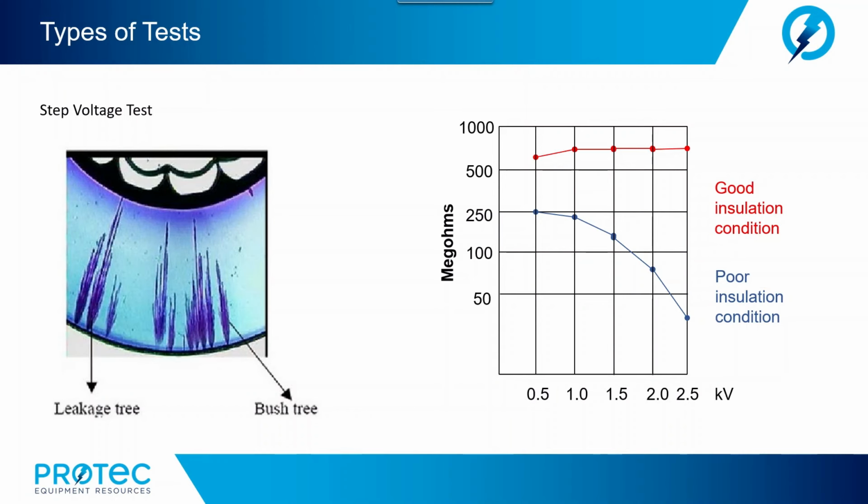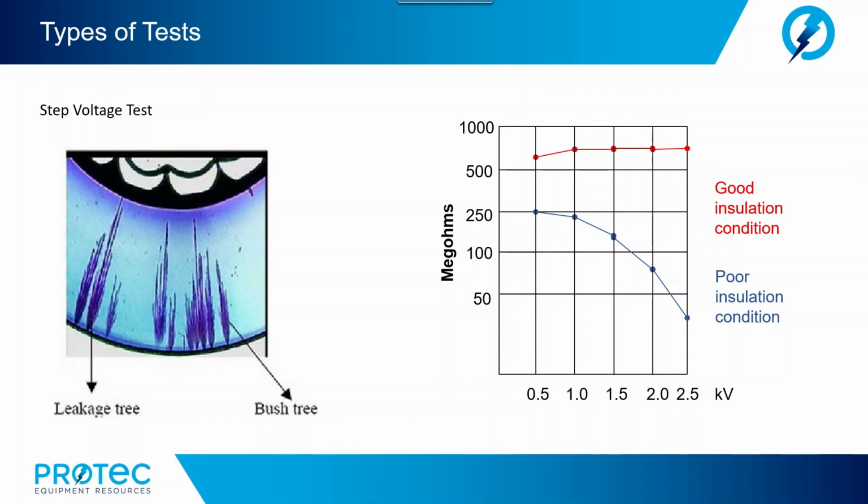At lower test voltages, say 500 or 1,000 volts, it is quite possible that these defects might be unobserved. But as the voltage rises, we reach a point where ionization can take place within cracks or cavities, resulting in an increase in current and therefore a reduction in the insulation resistance.